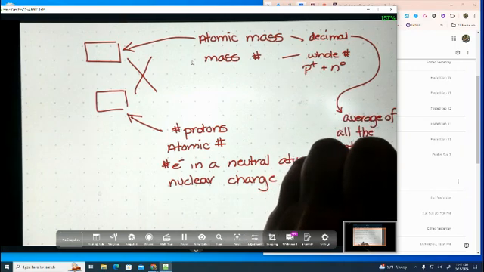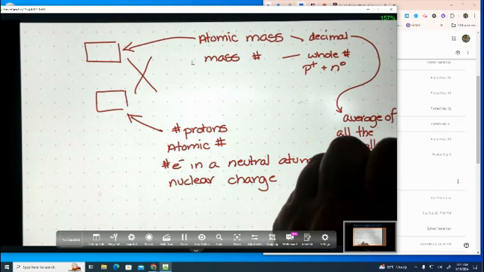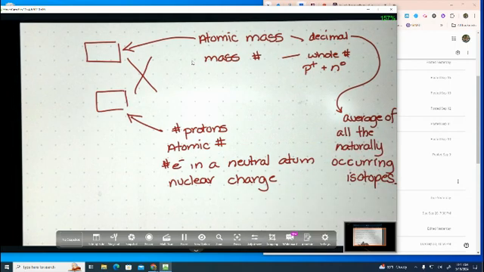I'm running out of room here. Okay? Which I could actually go down a little rabbit hole and ask you what an isotope is. Because we did isotopes.